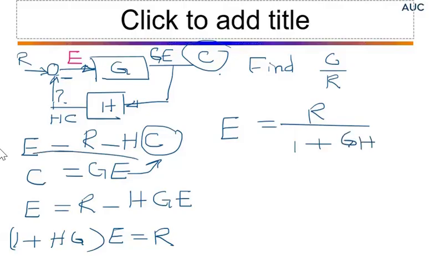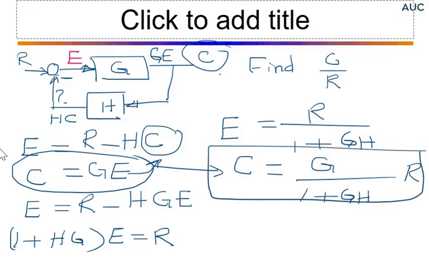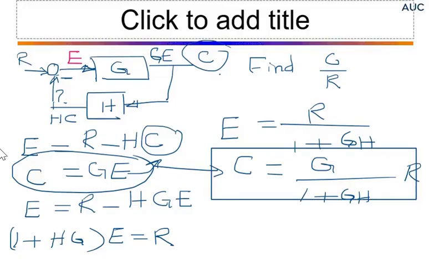However, we know that C is equal to G times E, so we can write C equals G over 1 plus GH times R, and this is the final relation that we wanted to find.